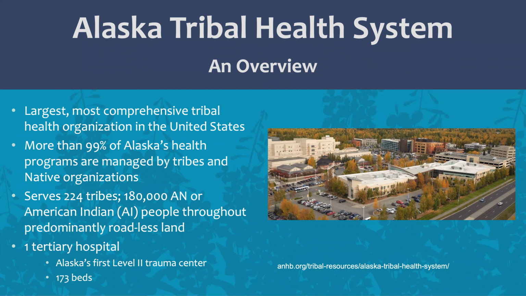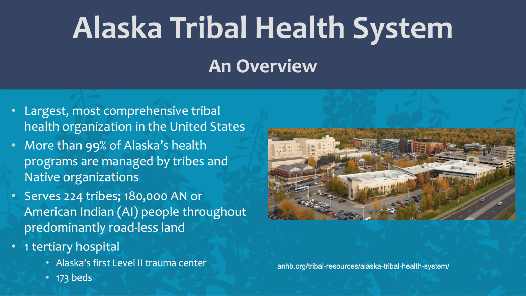Here in our tribal system, we serve over 224 tribes and approximately 180,000 Alaska Native or American Indian people throughout predominantly roadless land. So a lot of our places and health delivery systems are off the beaten path, accessible probably by airplane or boat, snow machine sometimes, but not a ton of roads.